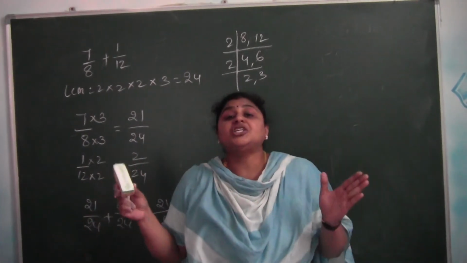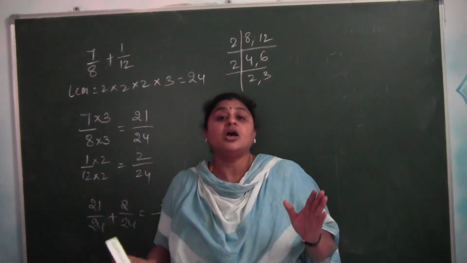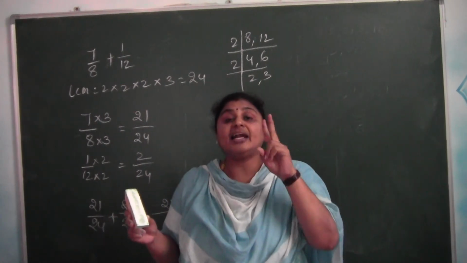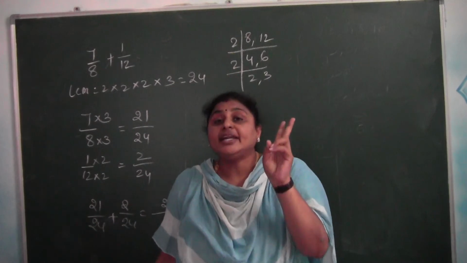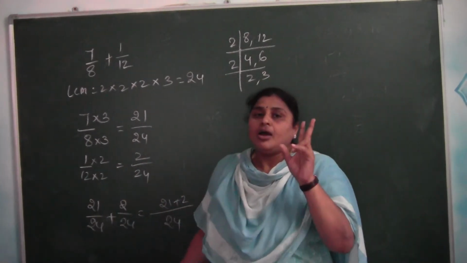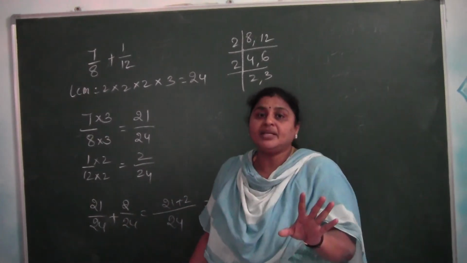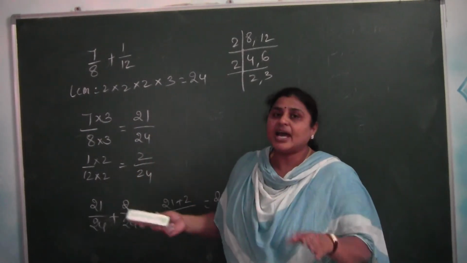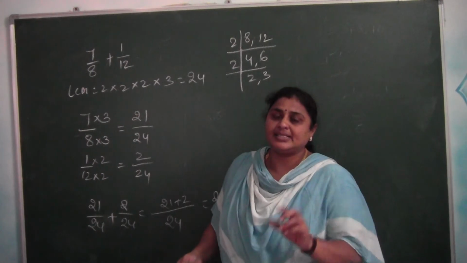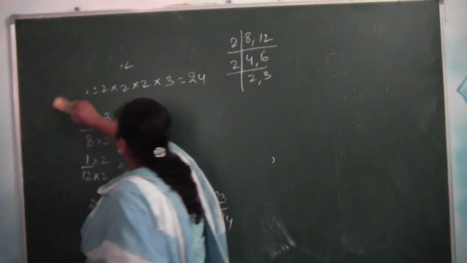Only for addition and subtraction of 2 fractions, like when you are adding only 2 fractions or subtracting only 2 fractions, then only for a few problems you have to calculate the LCM. For other problems, no need to calculate the LCM. I will explain the logic over there.